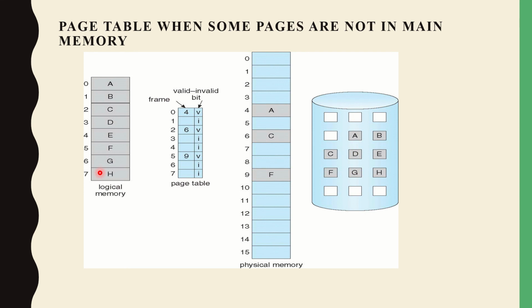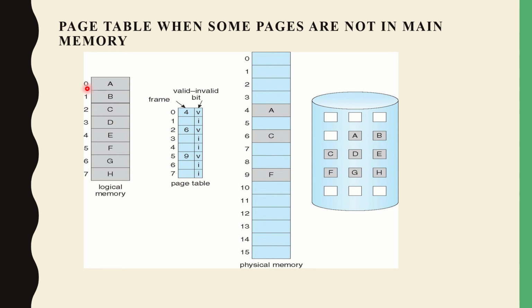In your secondary storage you have many processes, so when you want to execute one process you have to use the logical memory concept. Here you can see they have 7 pages for that one process, a logical address space of 7 pages, 0 to 7.